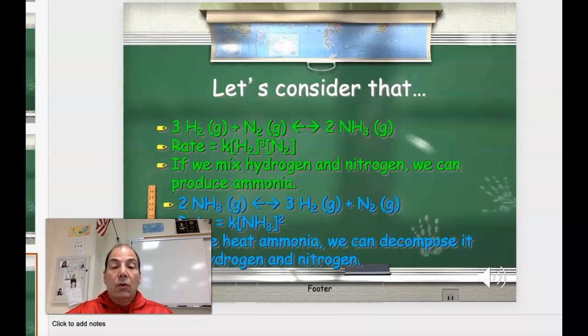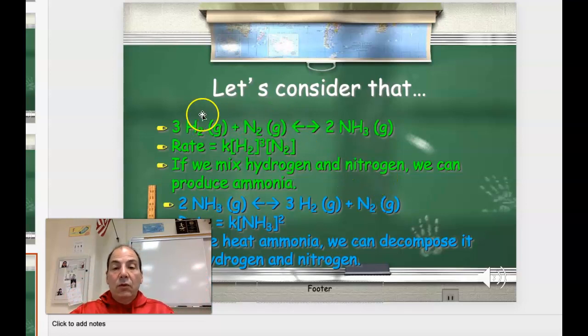Ammonia will break down to hydrogen and nitrogen. So in a closed system, where we're limiting the inflow of new materials and the output of any products, if it all stays in the same system, we're going to see both reactions happen over time.